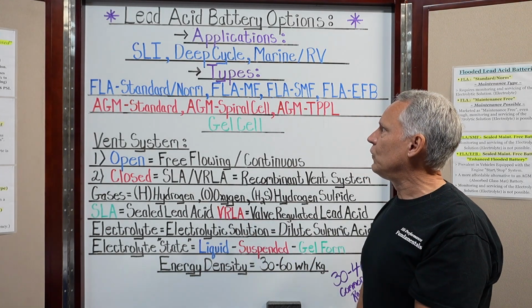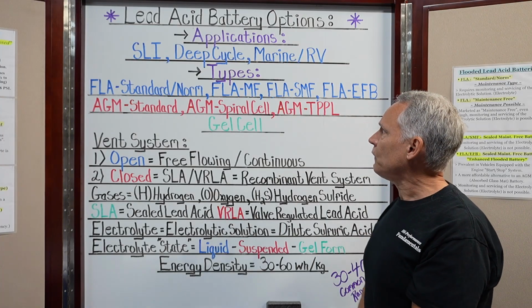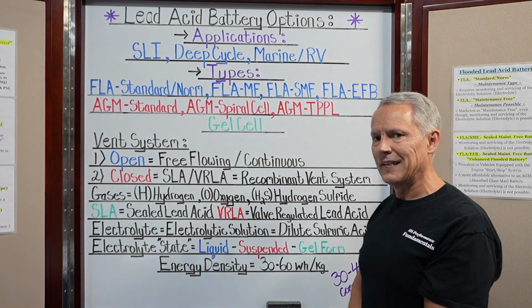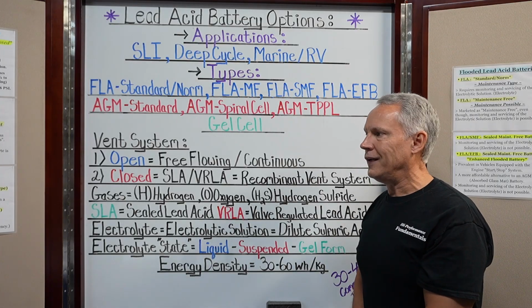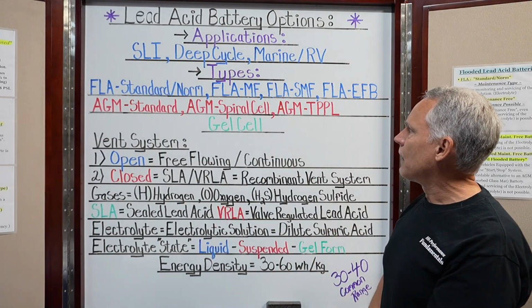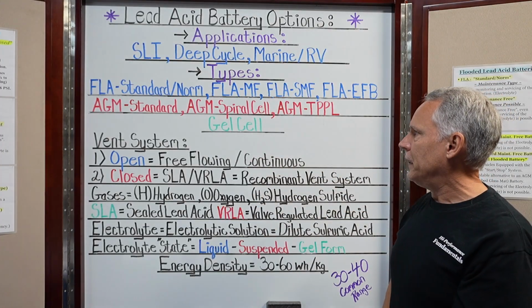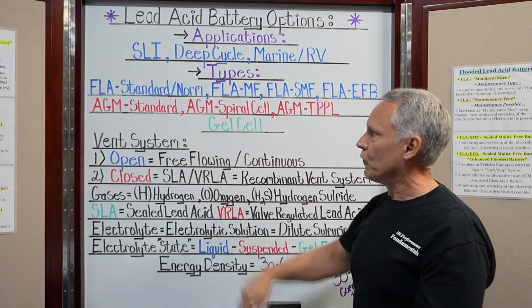So let's get into the lead acid battery types, and let's explain some basic differences. There's two real basic differences, and then we're going to expand upon that information also. Initially, I've got them written here in different colors. Not only does it get your attention a little bit, but I did it in different colors for a reason.